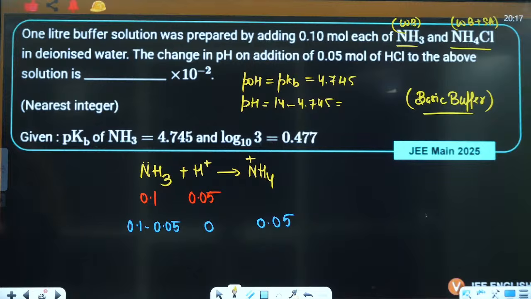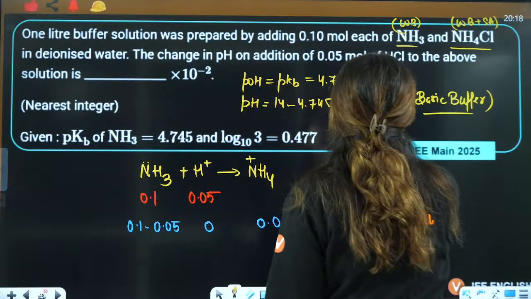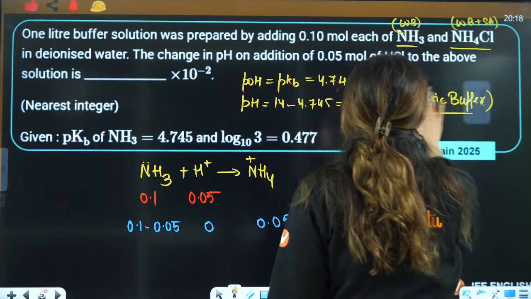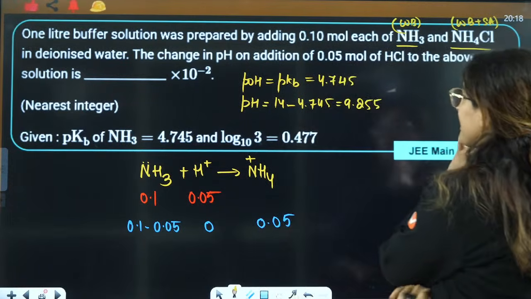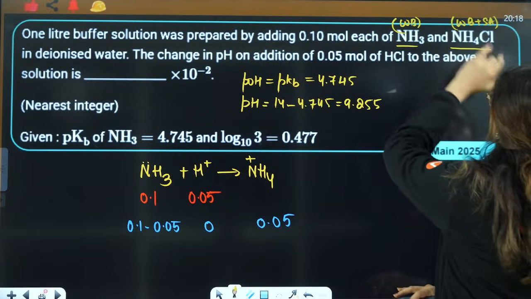Everybody, tell me. Wait a minute, we'll just subtract it. This is going to be, initial pH is 14 minus 4.745. So 9.255, I'll take the exact value only, 9.255. This is the initial. When I am not adding anything, I am just saying this is a weak base, this is a strong acid.